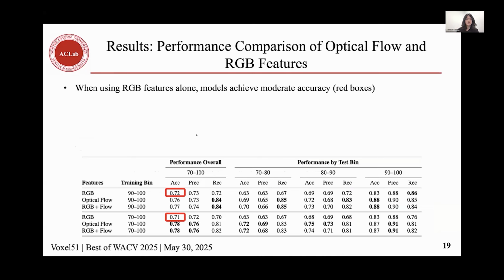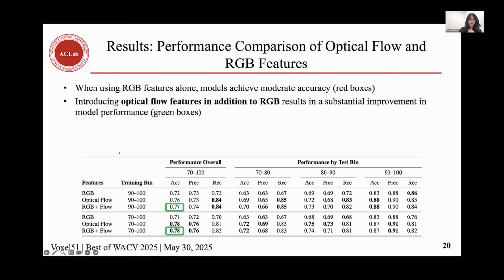When just using RGB features alone, our models achieved moderate accuracy of 72 and 71%, and the 2 different values correspond to the data sets that it was trained on. The top one was just trained on clips that were in the 90 to 100 band, which represents the percentage of time the 90-second clip was in the labeled state. And this one includes more of the mixed state clips in the training.